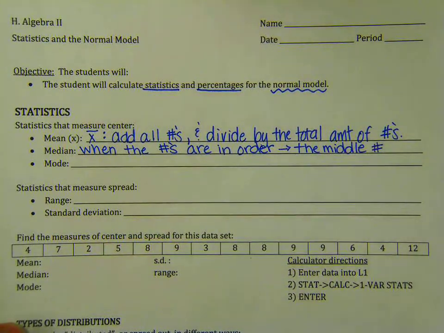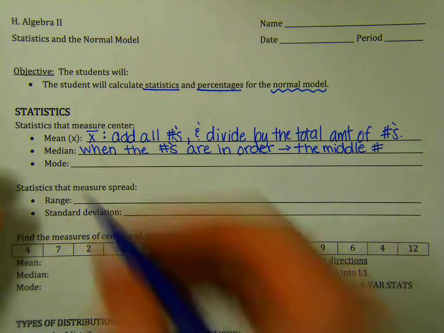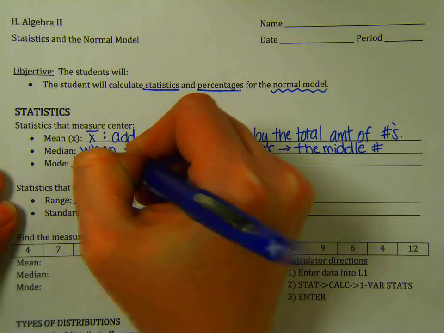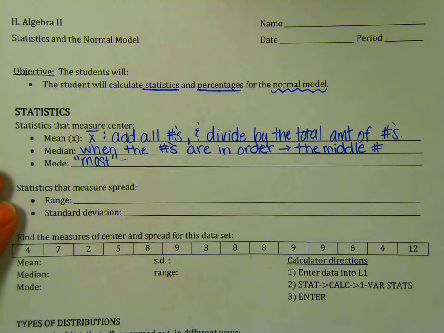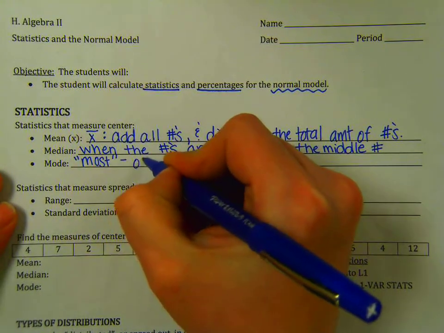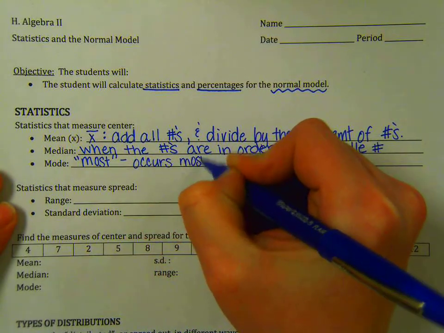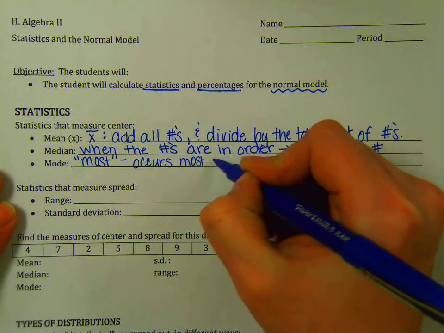If you have two different middle numbers, you're just going to add them up and divide them by 2. Okay, and mode, the number one thing you should think of when you see mode is most. So you're looking for the one that occurs the most often. You can have more than one. That's when we called that bimodal.